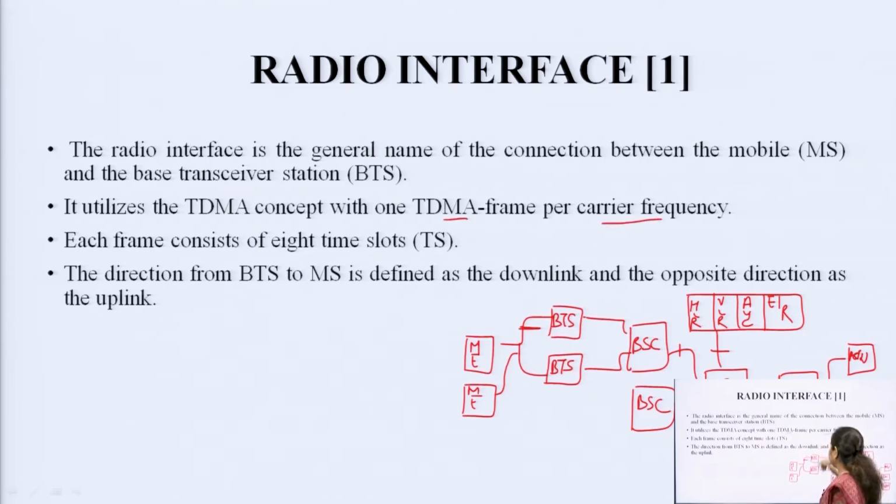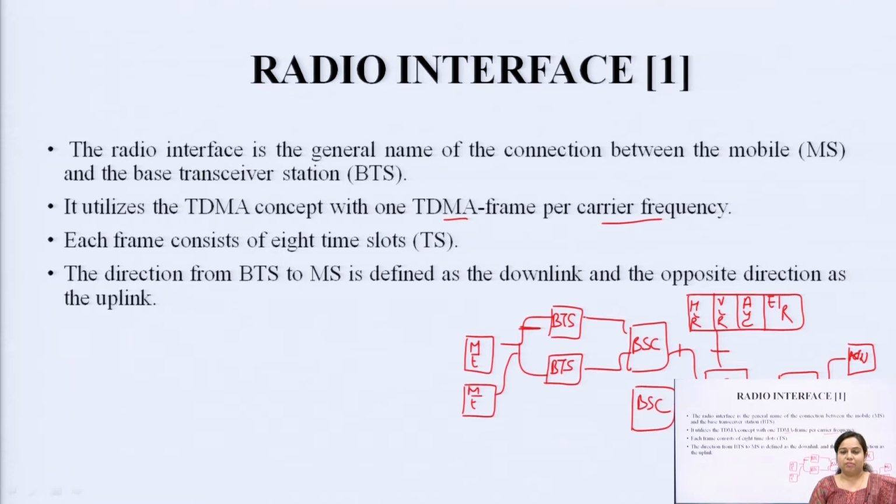frame per carrier frequency. In case of TDMA, time division multiple access, a single common channel is being used by more than one user on the basis of time division. Let us say I have 15 minutes for the purpose of transmission, in which I want to transfer some bandwidth of information from the transmitter to receiver.